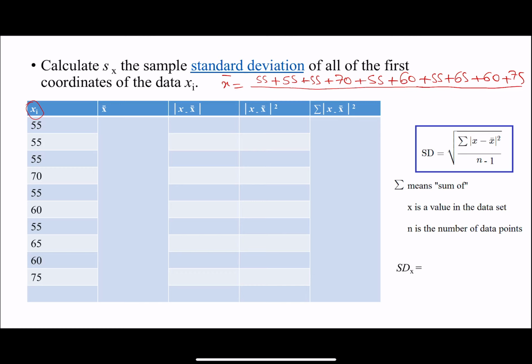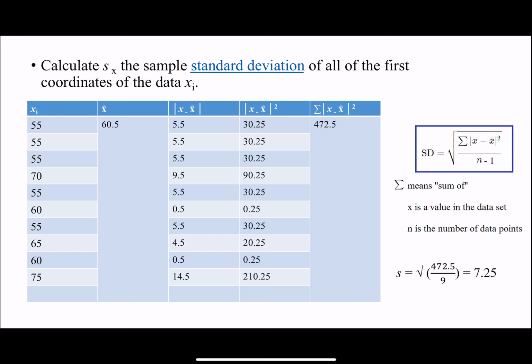I have 10 data items, so I divide by 10, and that gives me the mean value. Then I find the difference between each item and the mean value. So here we go. The mean value is 60.5.